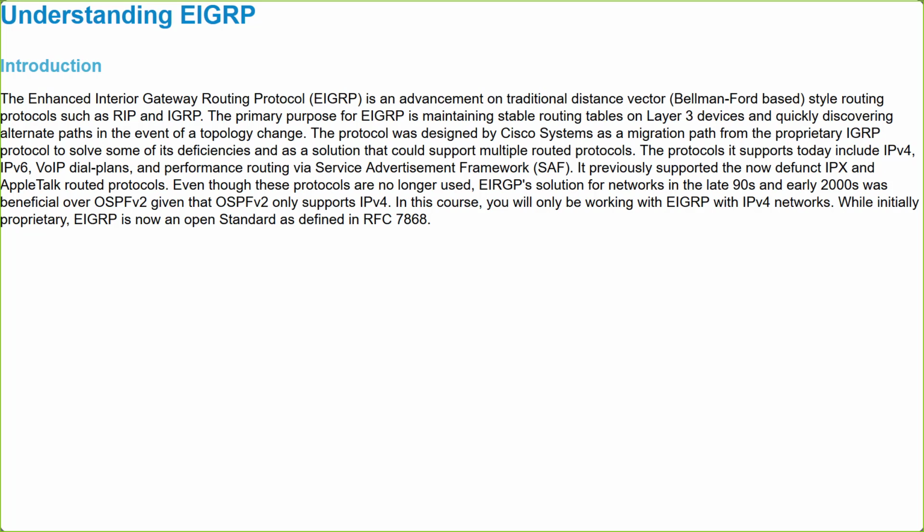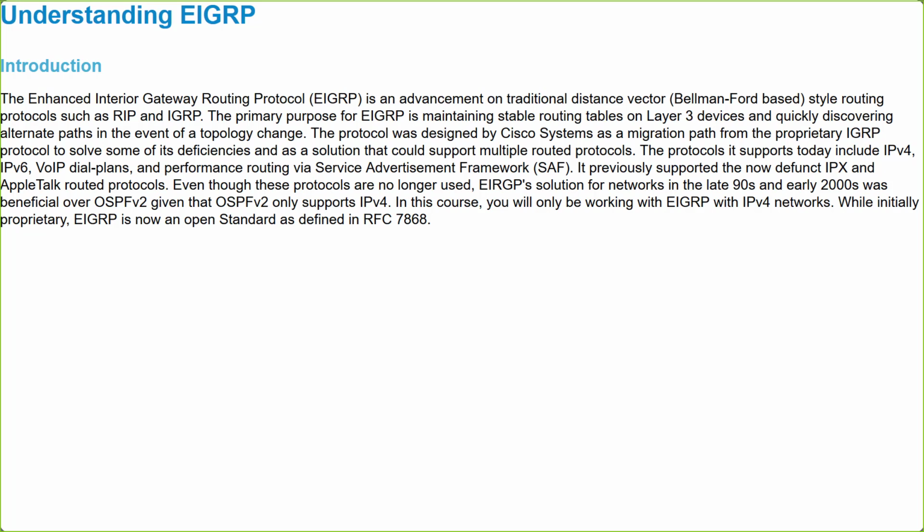The protocol pretty much acts the same with regard to successors and feasible successors and feasibility condition and how EIGRP selects the best path in the routing process, etc. So even though we're going to focus our attention on IPv4, we're pretty much learning how EIGRP works with IPv6 as well. Even the implementation is very similar with the protocol itself.